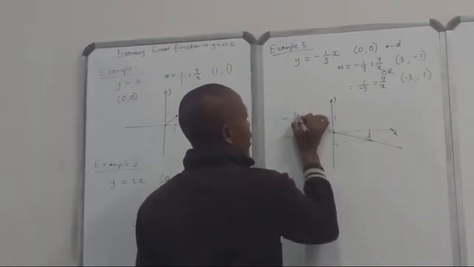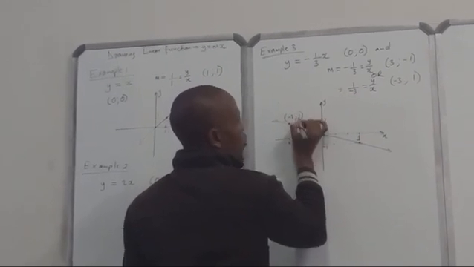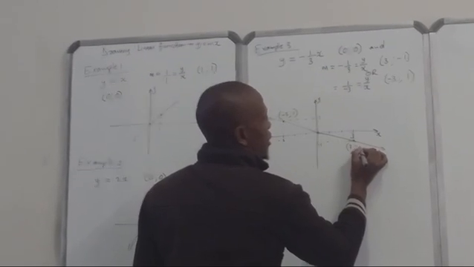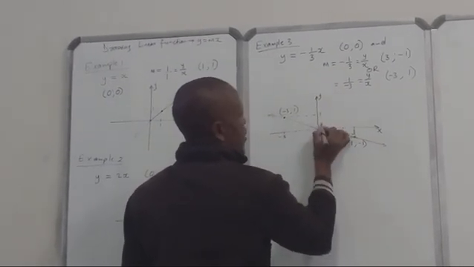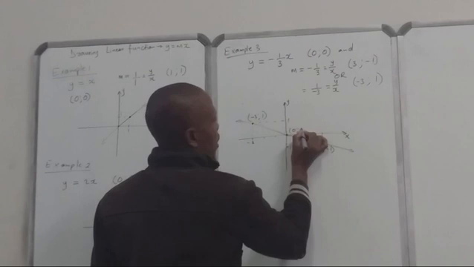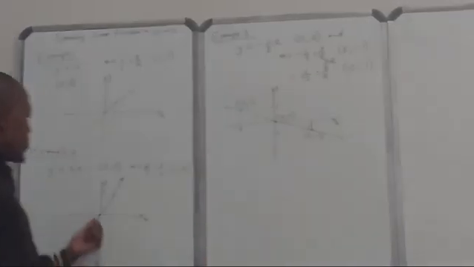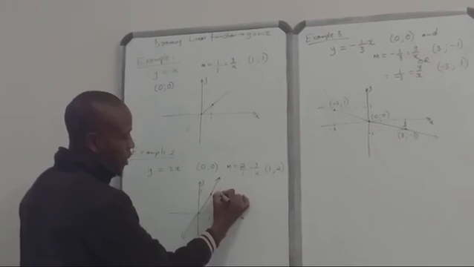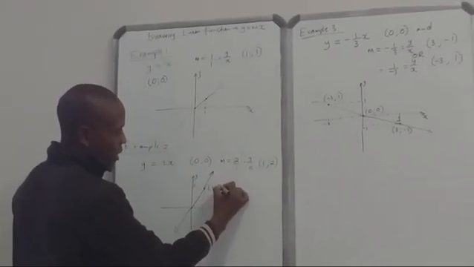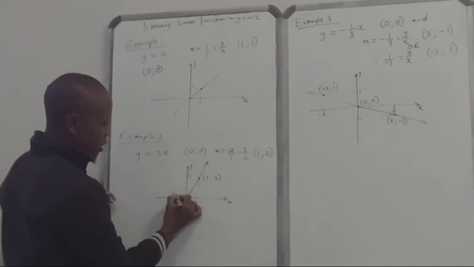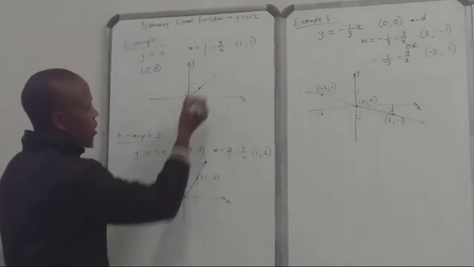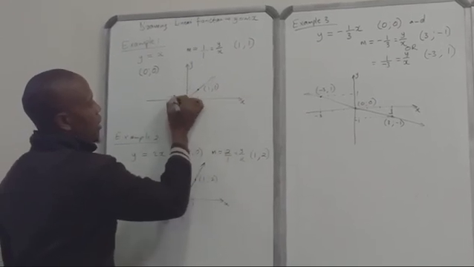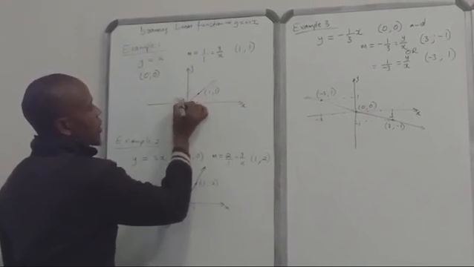So it's either negative 3 and 1 or 3 and negative 1. And that is our 0 and 0. Maybe we need to go back up and label. It's 1 and 2 here, and here it's 0 and 0. Let's label that one as well. It's 1 and 1, and here it's 0 and 0.